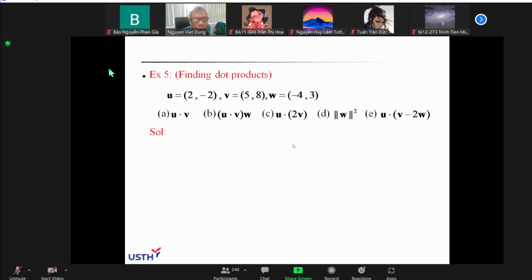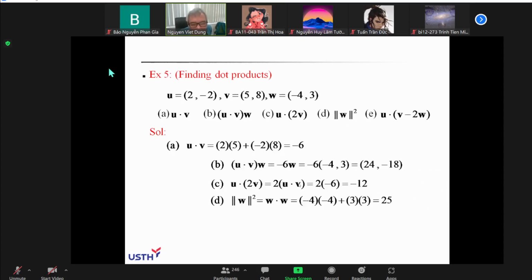And here are some examples for you, very, very simple ones. Let u be that, v be that, and w be that, and you are required to compute those numbers in A, B, C, D, and E. The first one, by definition, u dot v is -7.